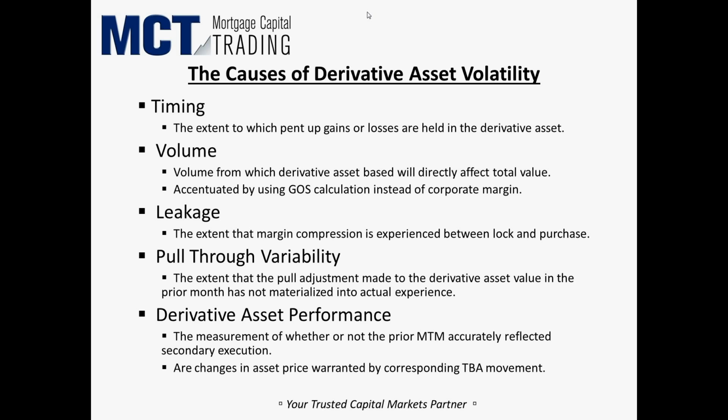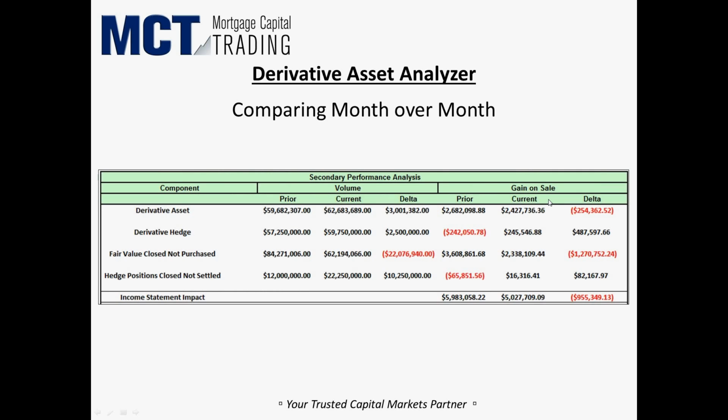Again, the first issue, going back to June, and the biggest issue, frankly, was the volume drop. And obviously that's going to happen. It doesn't have anything to do with secondary profitability. So again, this is the top part of the derivative asset analyzer.